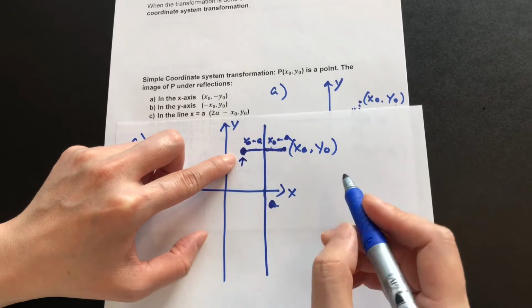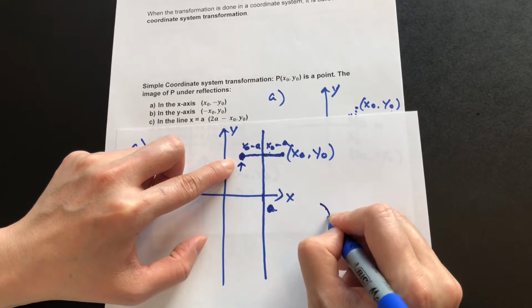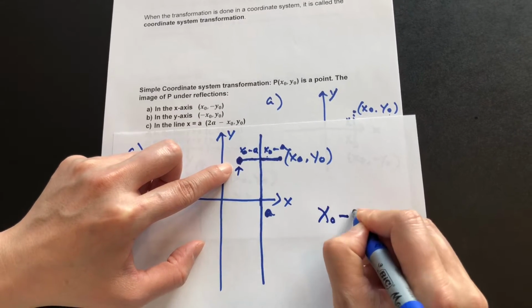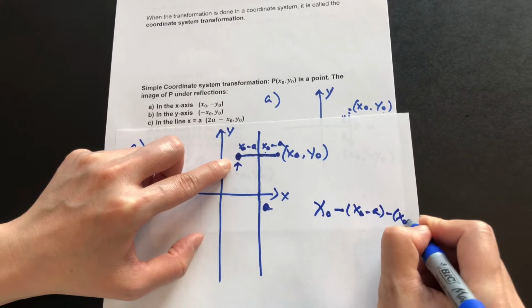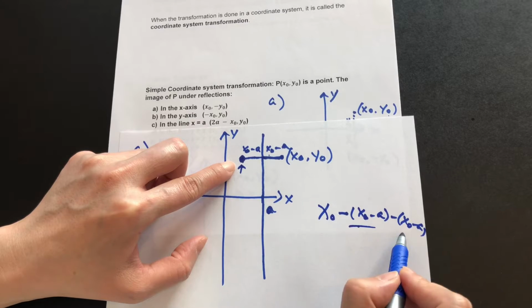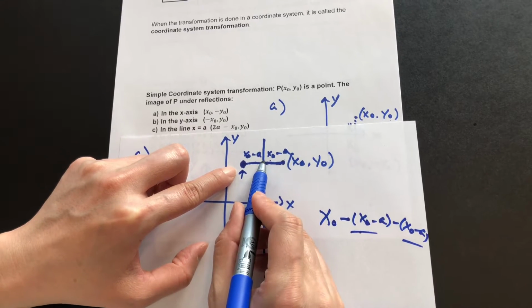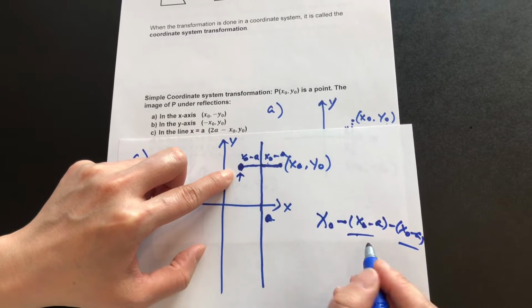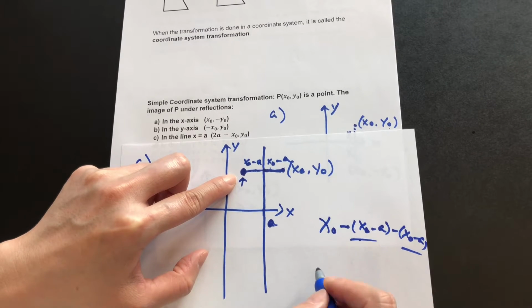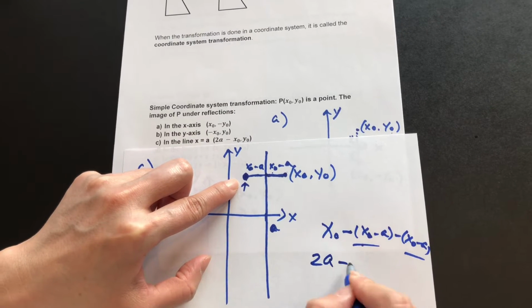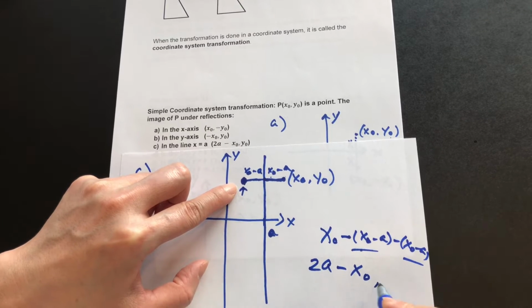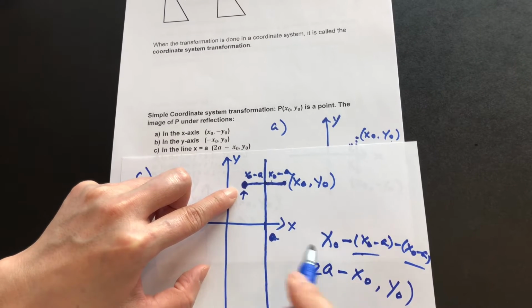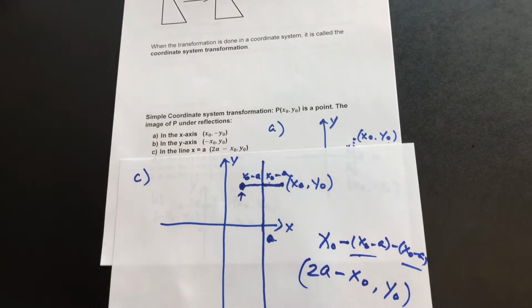So this point, x-wise, is x0 minus twice x0 minus a. You first go to the mirror line and then another step. If you solve this, that will be 2a minus x0. That's the x coordinate, and the y is just y0. y doesn't change value.